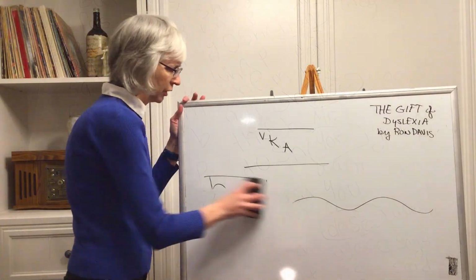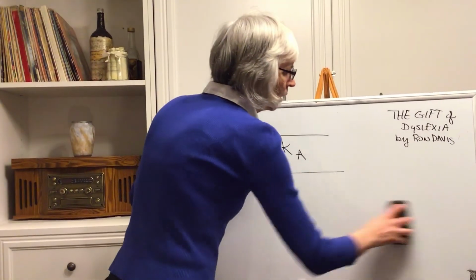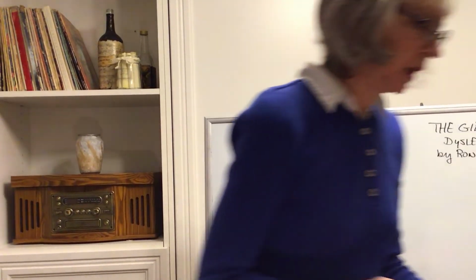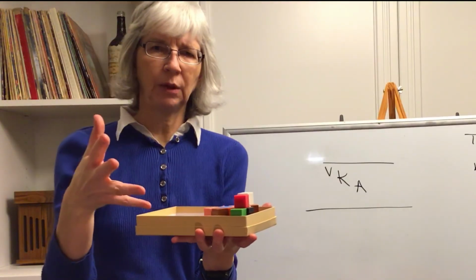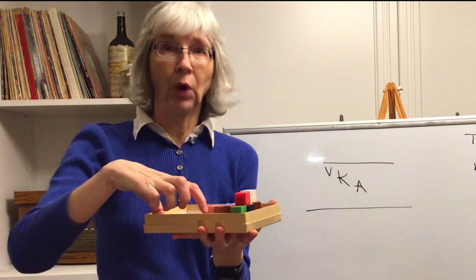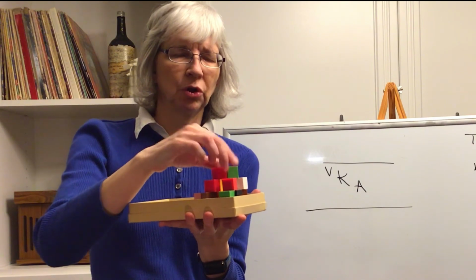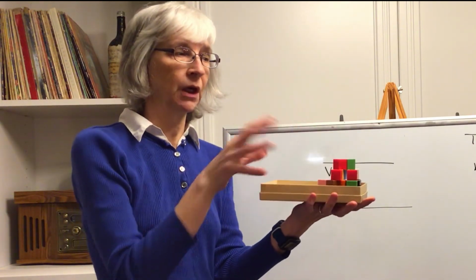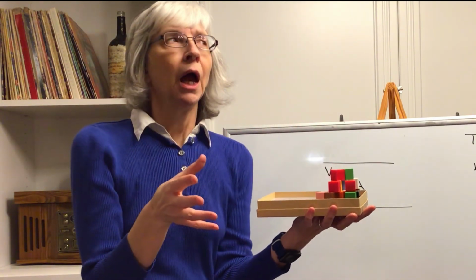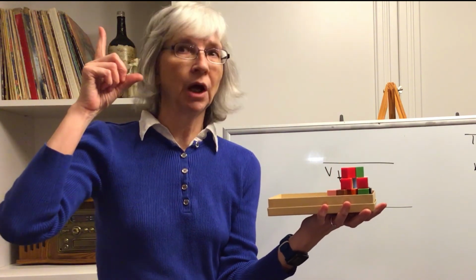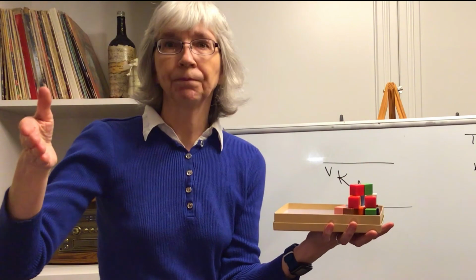Another problem that we have for kids like this is that they store information in their brain in that same spatial way. So they might store information like this in kind of a clump. And that's great when you're taking a little snapshot of everything around you.